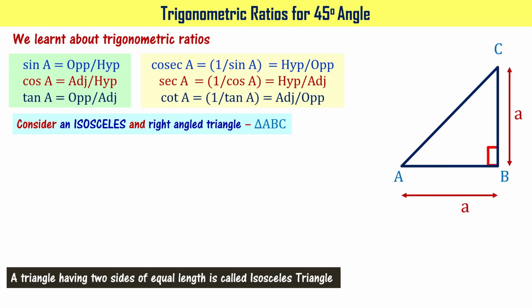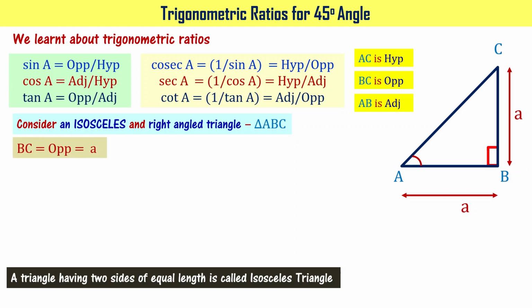It means this particular triangle is an isosceles and right angle triangle, right? The side opposite to 90 degrees angle is called hypotenuse, that is AC. And if you consider angle A, the side opposite to that is BC, that is called opposite side. And AB is adjacent side to angle A, right? Let's take a note of that.